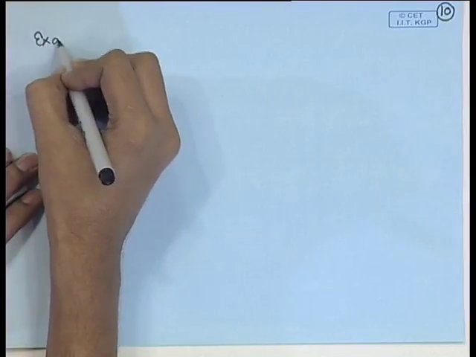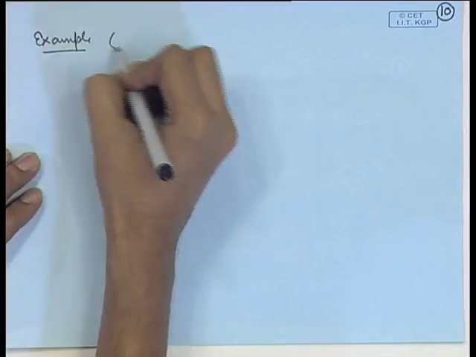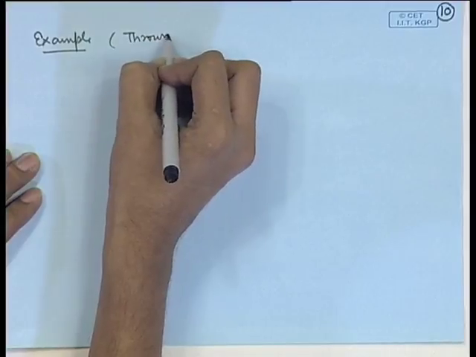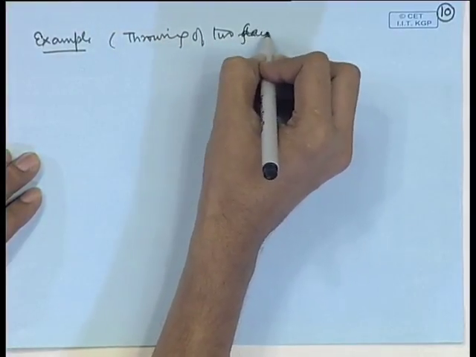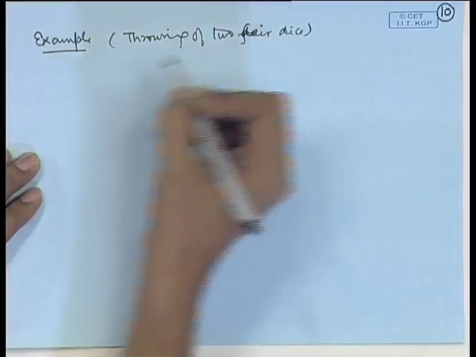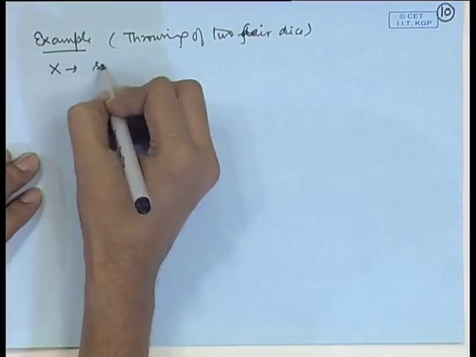Let us take one more example, that of a die throwing problem, where I defined the random variable to be the sum of the two dice. Consider throwing two fair dice, and the random variable X was the sum.